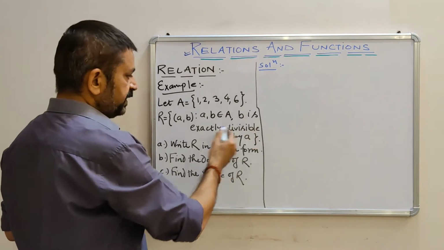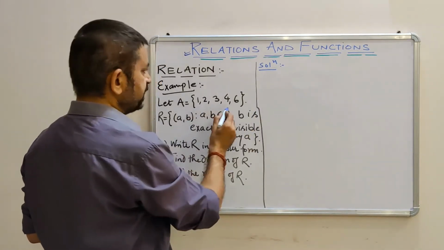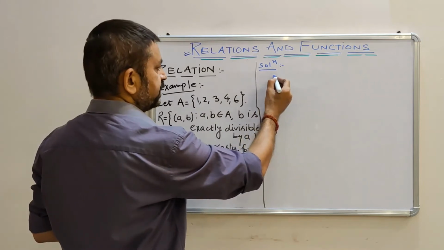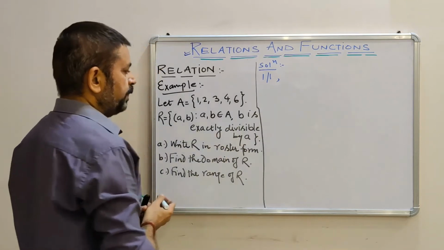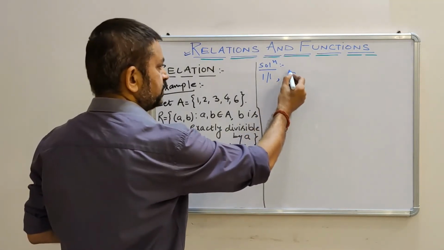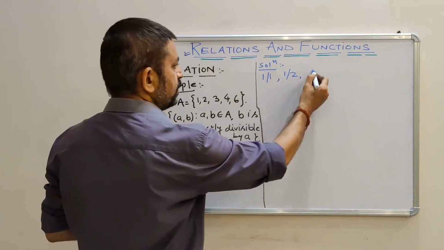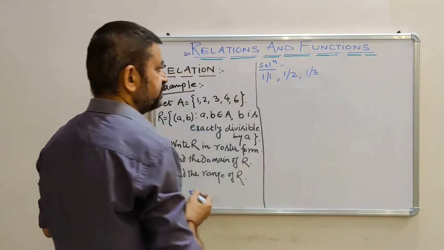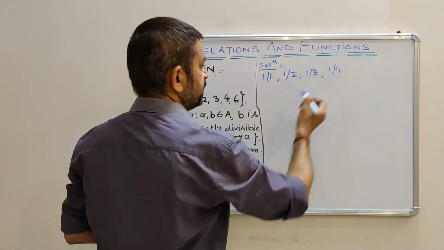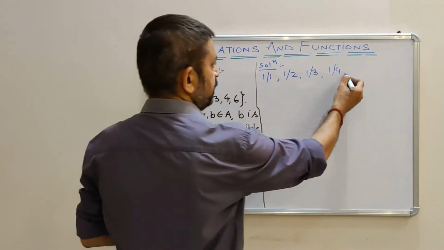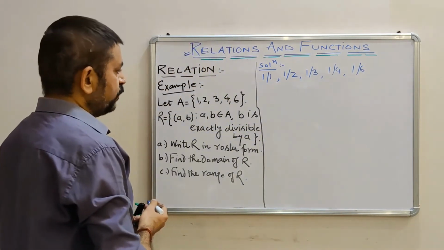So b is exactly divisible by a. So if you look at this set, we can write that 1 is exactly divisible by 1, 2 is exactly divisible by 1, 3 is exactly divisible by 1, 4 is exactly divisible by 1, 6 is exactly divisible by 1.